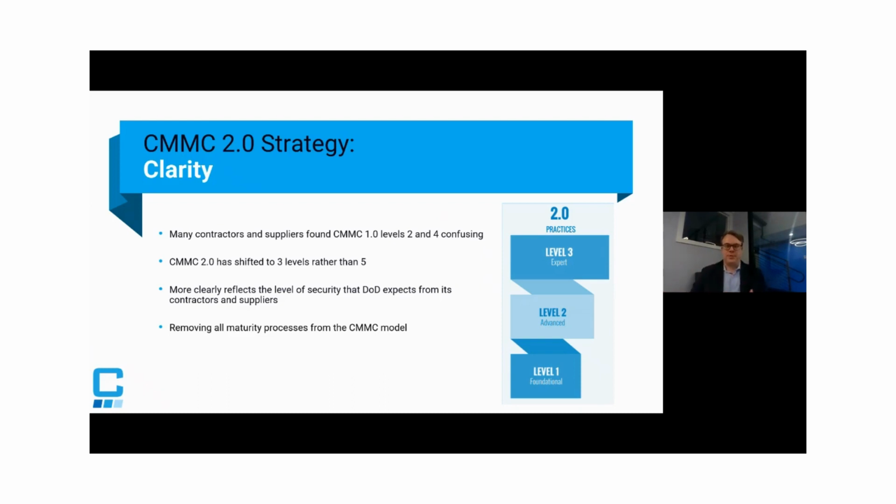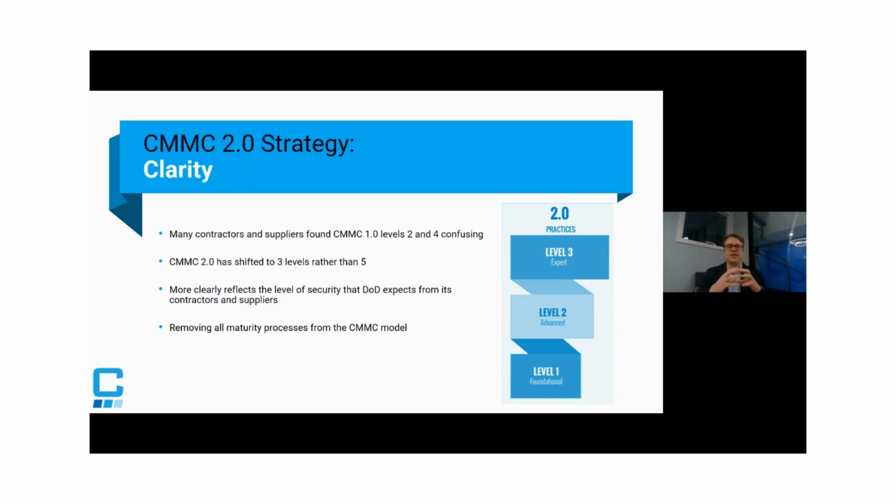So level 1 is basically what they call foundations. You'll hear me say a foundational level, and that applies to companies that process, store, or handle FCI, which is federal contract information. And basically, in DoD, that will allow companies to perform self-assessments towards that information when they're on level 1.